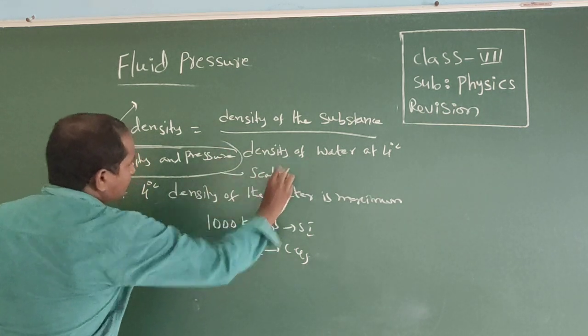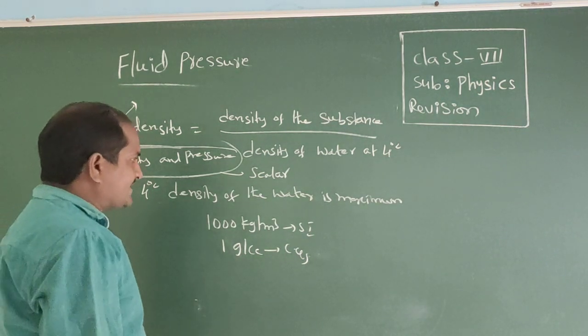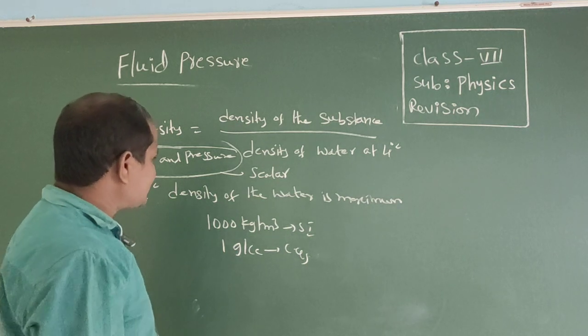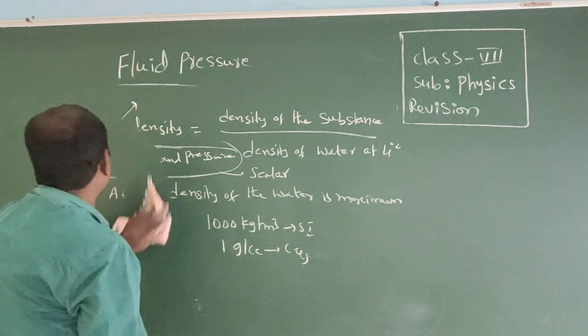So relative density equals density of the substance by density of the water at 4 degrees Celsius, which is 1000 kg per meter cube in SI, 1 gram per cc in CGS system.